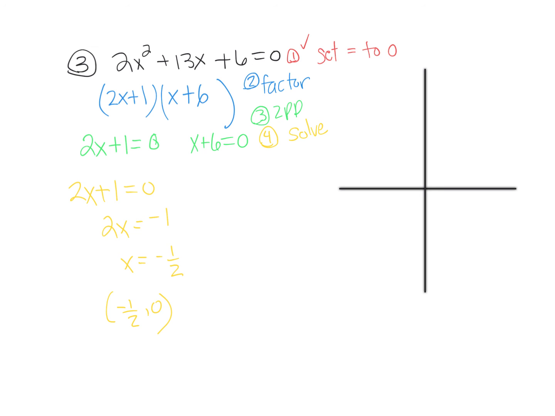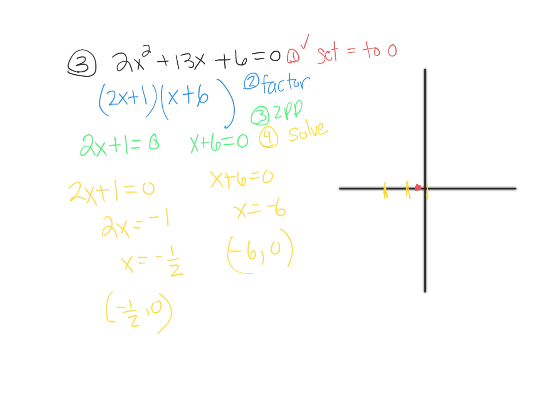And so that tells me that over here at 0, 1, 2, -1/2 right here is one of the intercepts. And then when I solve this equation, what I find out is that this is at -6.